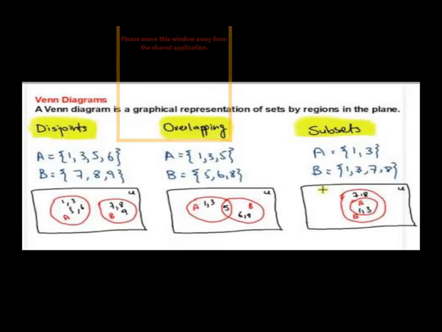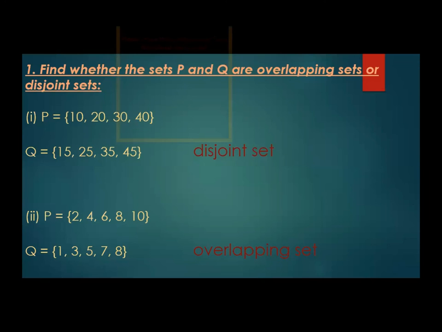So it means that set A is a subset of B and B is the superset of set A. And whenever we form the Venn diagram of the subset and superset, we do not overlap the two circles; we draw the larger one and the smaller one inside it, because inside the larger set, or the universal set, we form the smaller one.